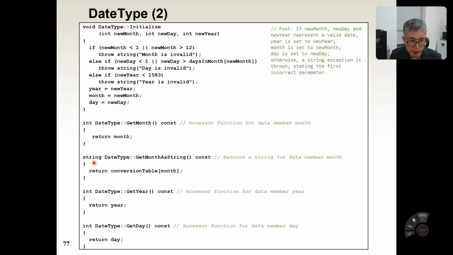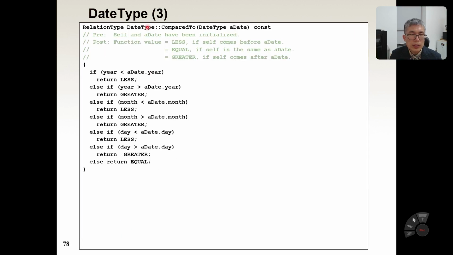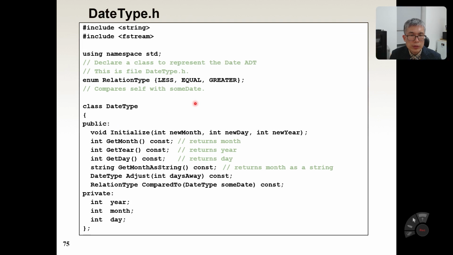So string type is a C++ type. In C, it is the character string. This was introduced by C++. And then get year returns year, get date returns date. And then relation type, we saw the relation type here: less, equal, greater, right?